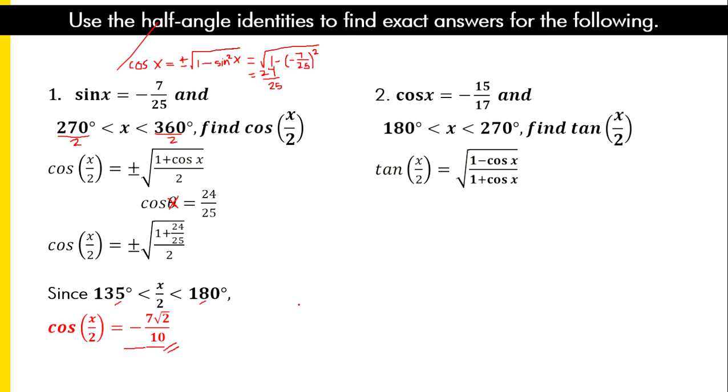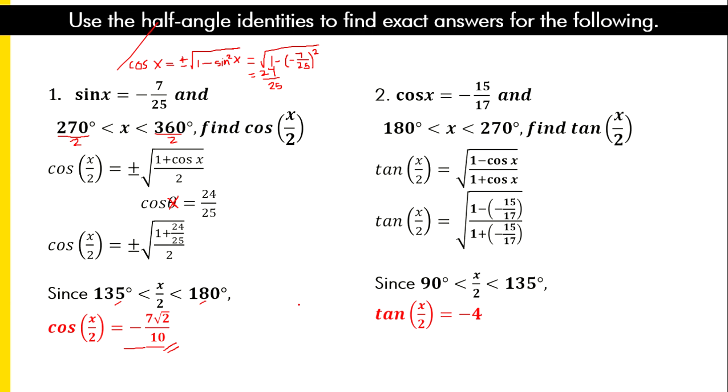So tangent x over 2 is equal to the square root of 1 minus the quantity of negative 15 over 17 over 1 plus the quantity of negative 15 over 17. In simplifying this, we'll obtain 4. However, we need to identify again the sign by looking at the half angle. So we need to divide it again by 2.